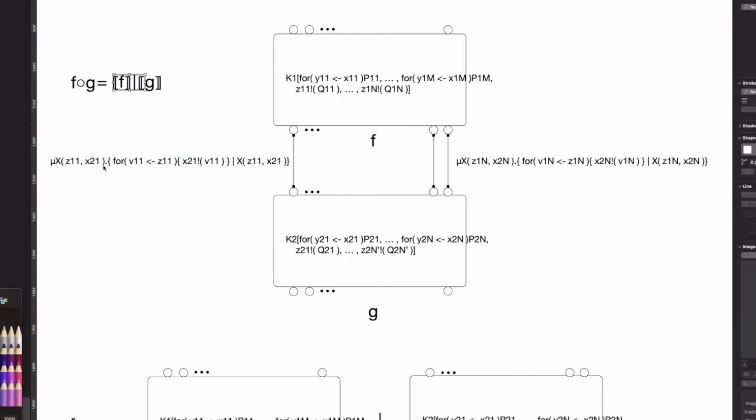So I'll just write a W for Z11 X21, for a wire.